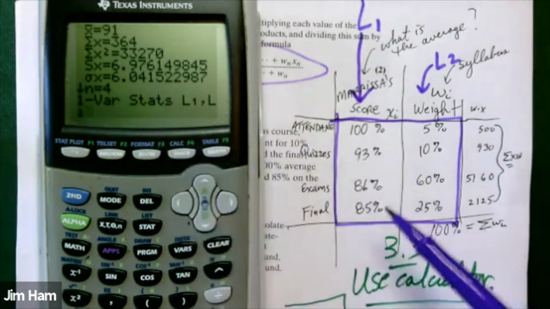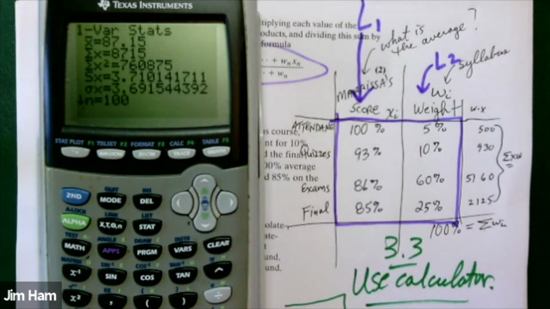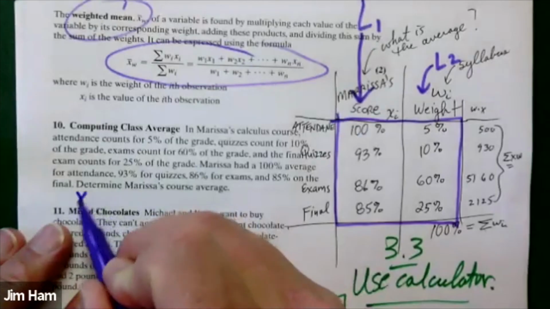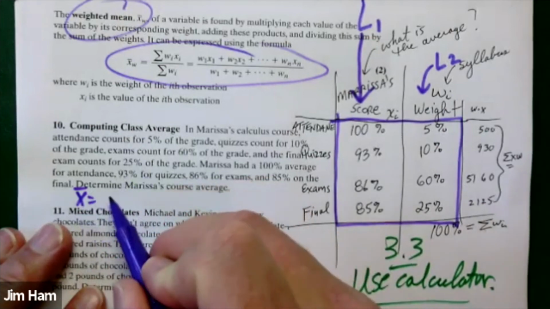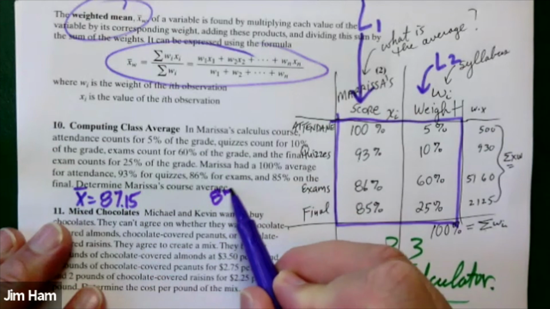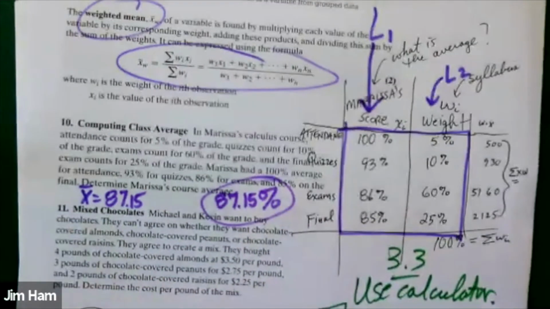And when you do it this way, you're going to end up with that grade closer to the 85, 86. All right, so it looks like 87.15. So Marissa's final grade in the class, 87.15%.